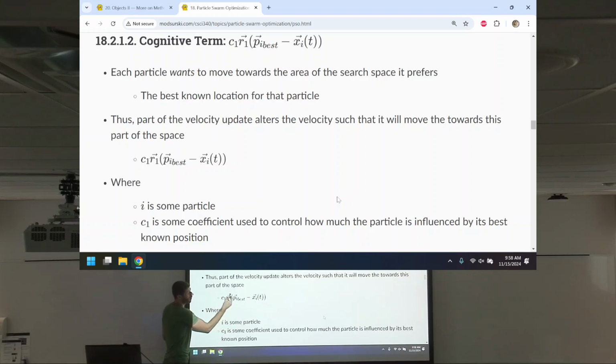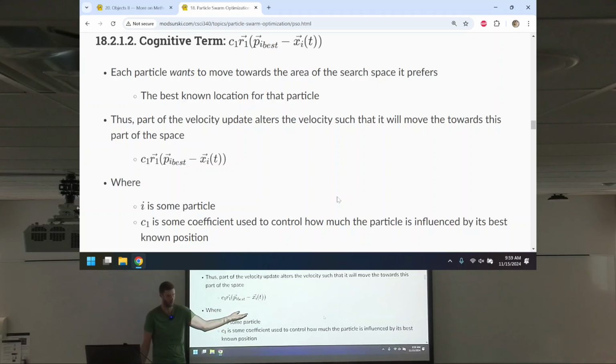I've got this R1, that's some random, this is where the stochastic nature comes in. That's a random vector. I just randomly generate some numbers that are bounded by something reasonable. And C1 is a hyperparameter I control that says, how much do I want this to matter? It's a scalar, basically. If I make C1 0, how far away I am from the best thing I've found so far means nothing to the velocity update.